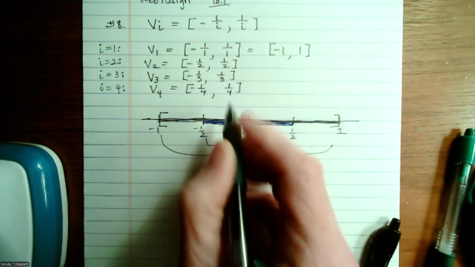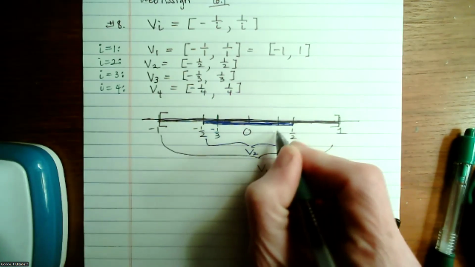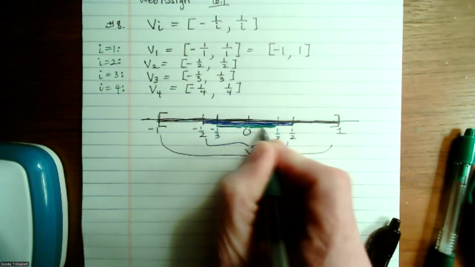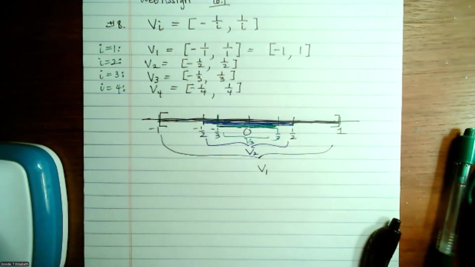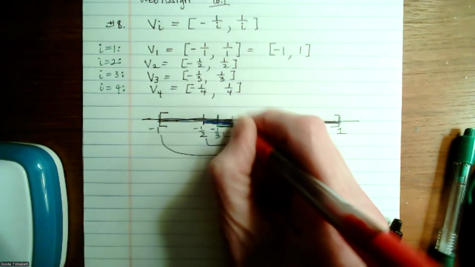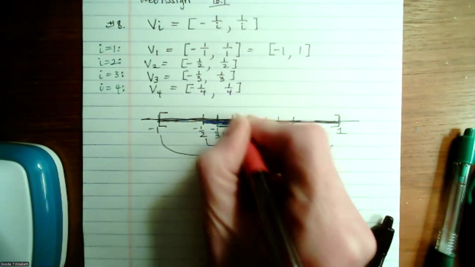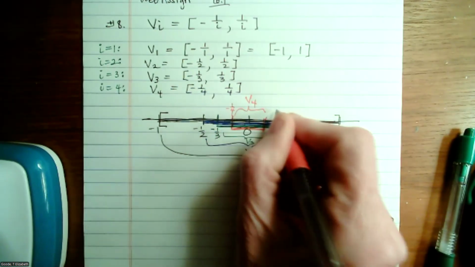And then V3 goes from negative one third to positive one third, so it's tucked in. And then V4 is from negative one fourth to positive one fourth.